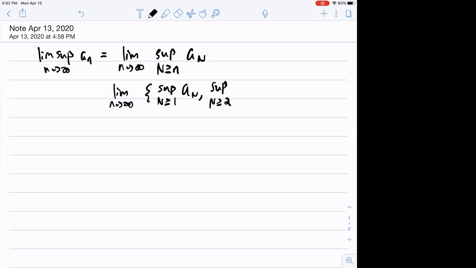So it's like a limit of a sequence of sups. You could think of it that way.